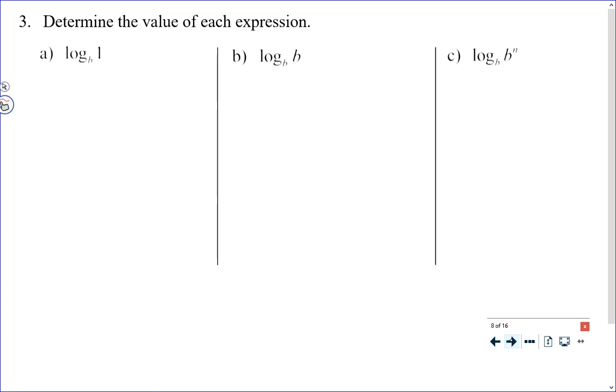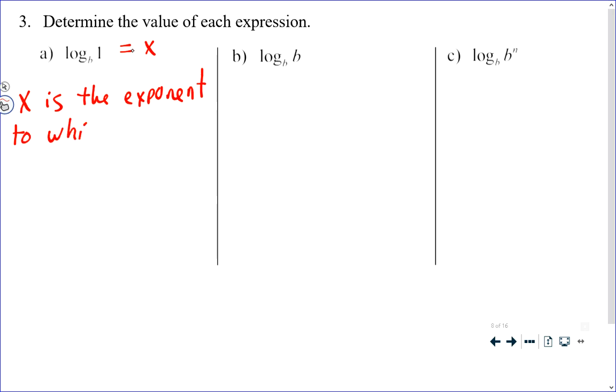Determine the value of each of the following. I'm going to introduce an x here. x is the exponent to which b is raised to get 1.